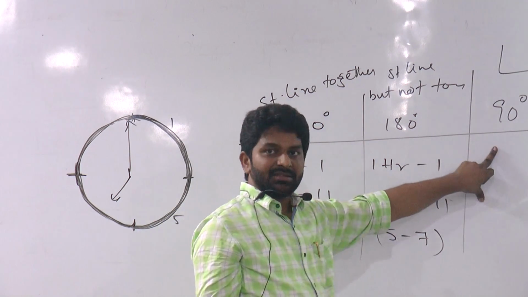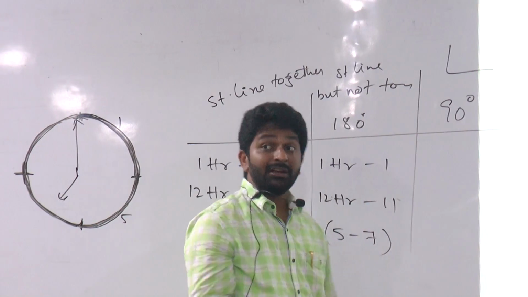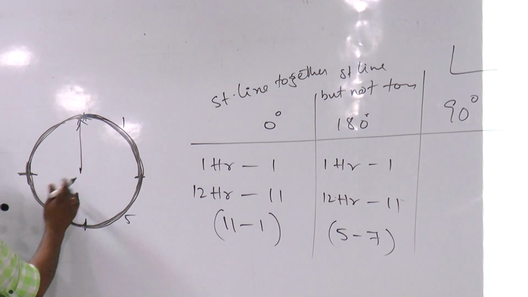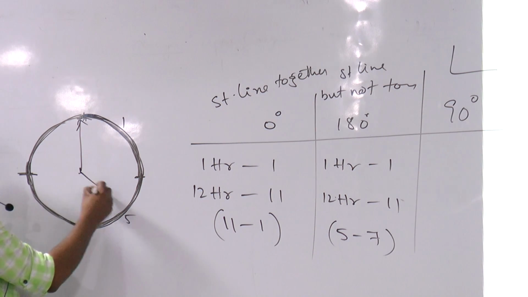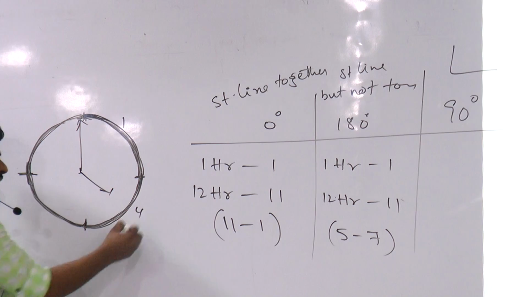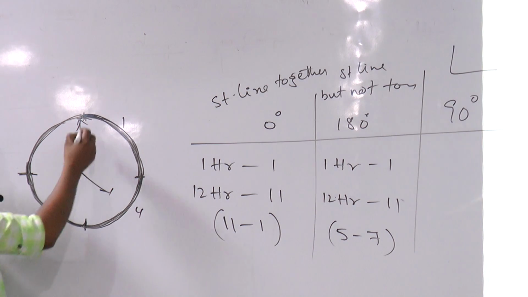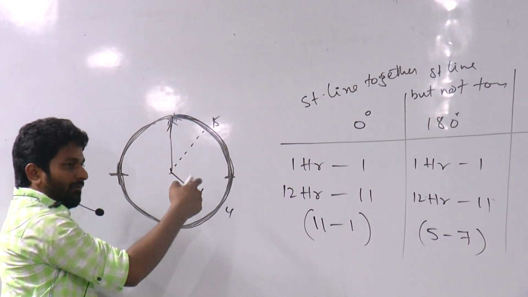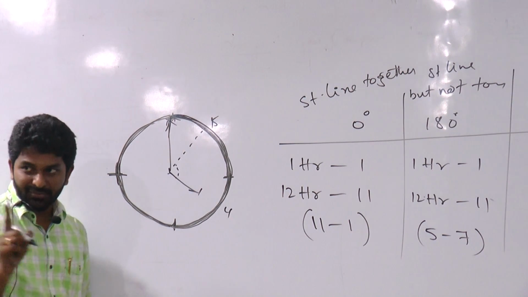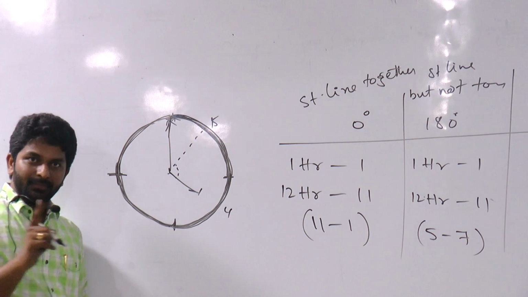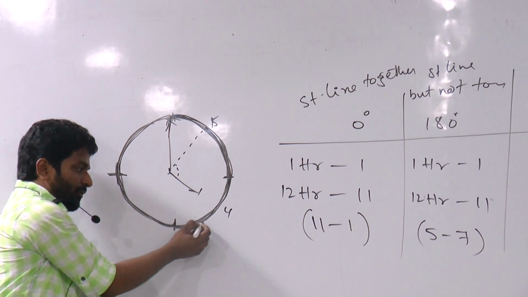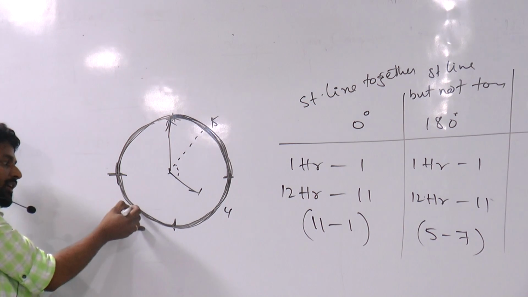So 90 degrees. In 1 hour, it will form for 2 times. Let's take an example. Let me take 4 o'clock. Now the time is 4 o'clock. At near about 4:05, it forms right angle for the first time. 4:15, 4:20, 4:30, 4:35.